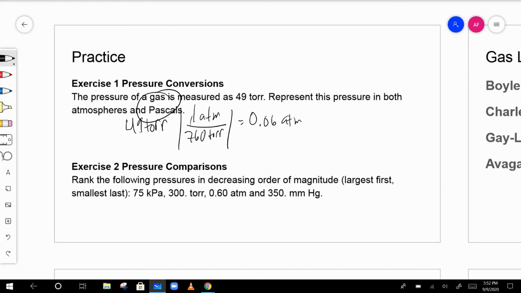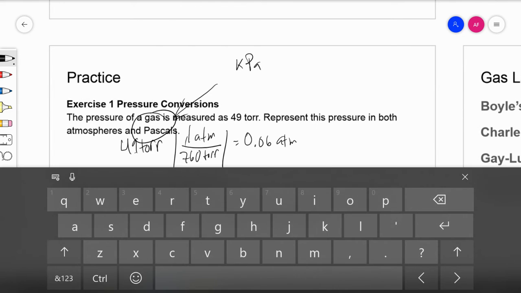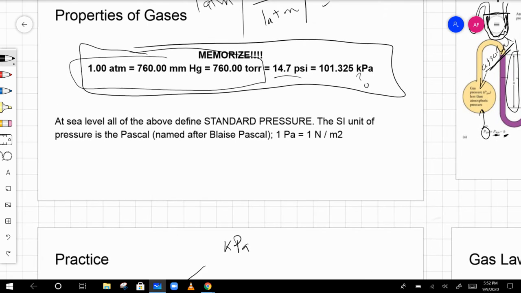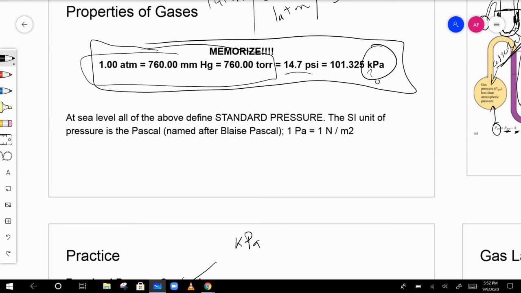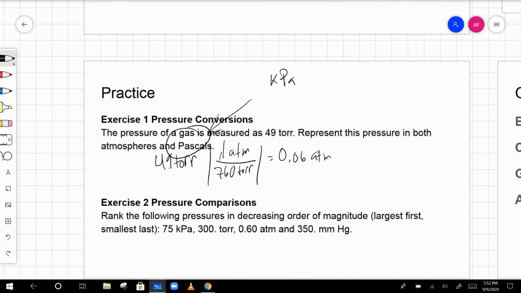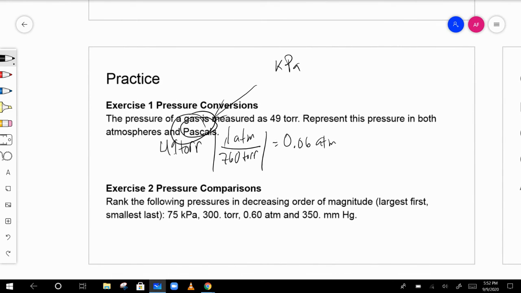Then if we want to go to pascals, now careful. This is pascals, not kPa. The kPa was given in the previous part here. This is kilopascals, that's 1,000 pascals. So they want to know in pascals. First we've got to go to kPa. So 49 torr, there's 760 torr in 101.3 kPa.